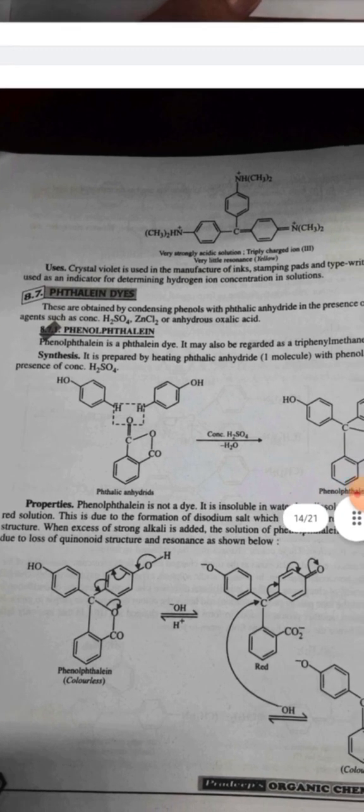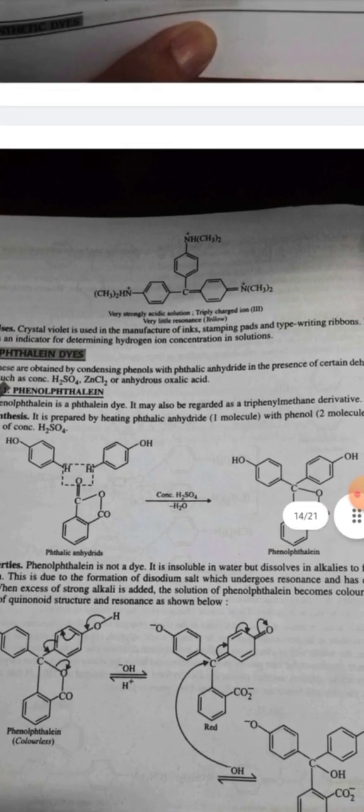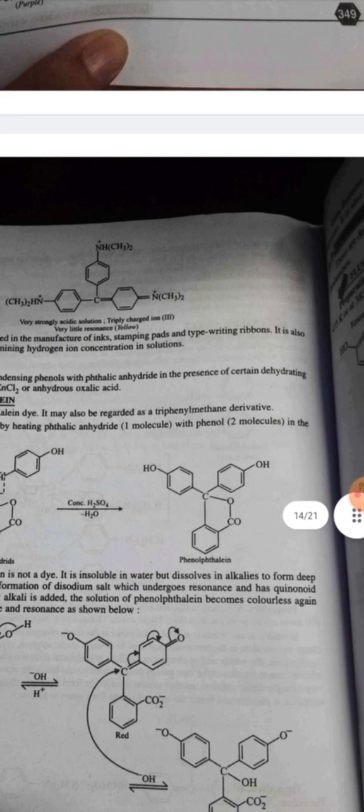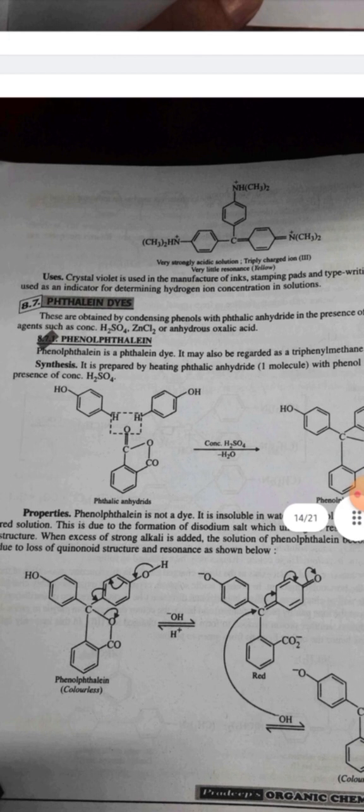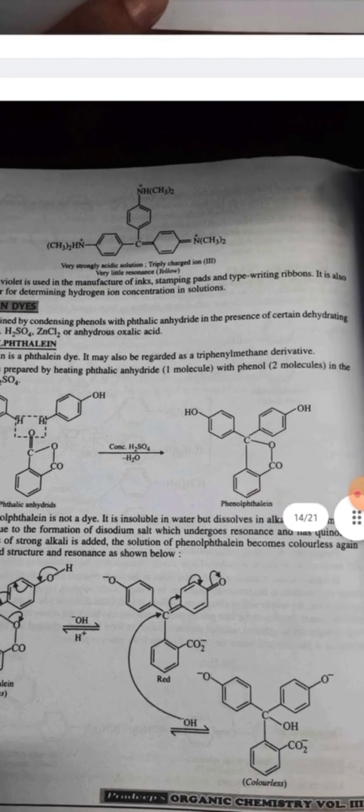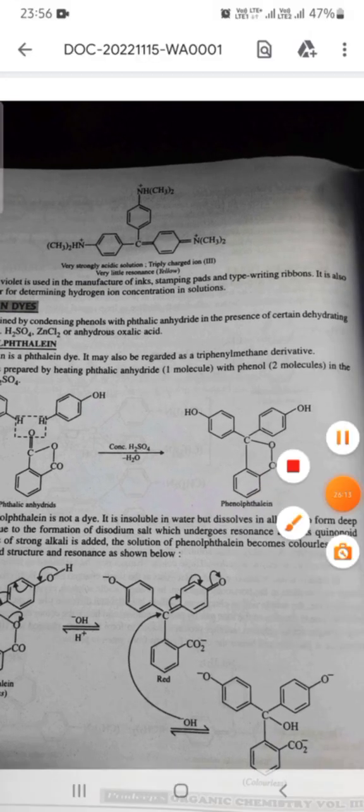Uses: crystal violet is used in manufacturing of inks, stamp pads, and typewriter ribbons. It is also used as an indicator for determining the hydrogen ion concentration in a solution.